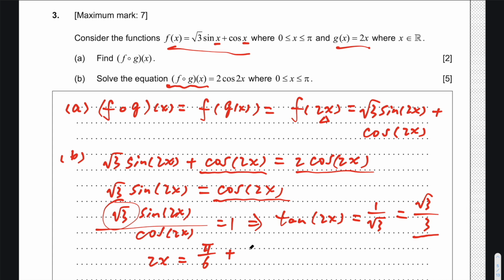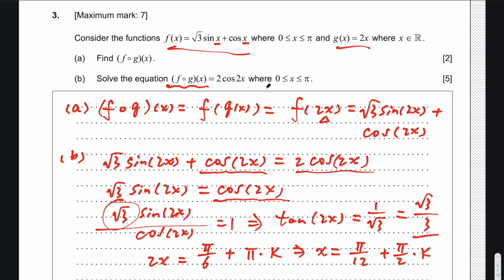You have to be really careful. So that's pi times an integer like k. So we know that the general solution for this is x equals, everything divided by 2, pi over 12 plus pi over 2 times k.